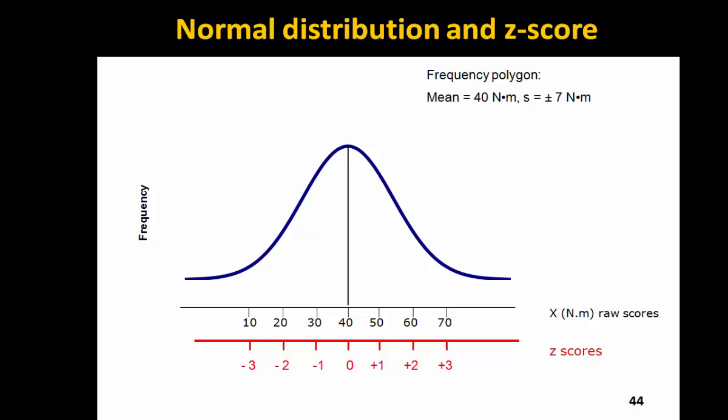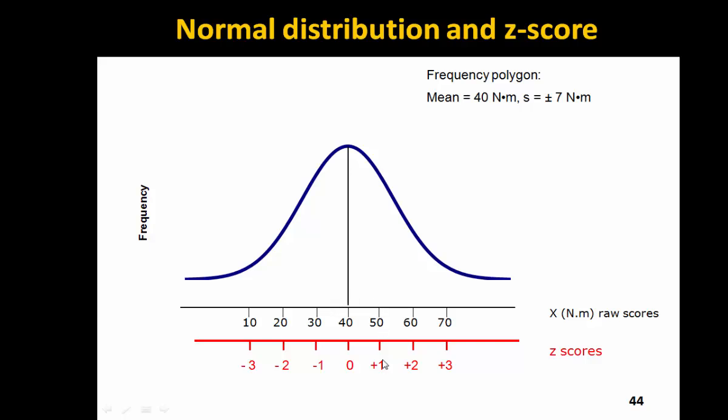By examining our sample data, we assume the sample fits a normal distribution. What we see here are two x-axes. One x-axis is in the original raw scores in Newton meters. As we can see here, the average is 40, and we haven't yet illustrated the standard deviation.